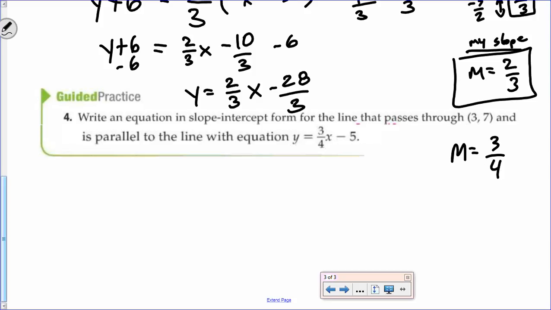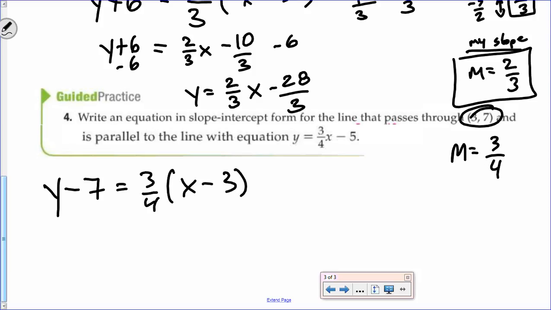So we need to use that combined with this point to get the equation of the line. So y minus 7 equals 3/4 (x minus 3). So y minus 7 equals 3/4 x minus 9/4. Add 7, so add 28/4.